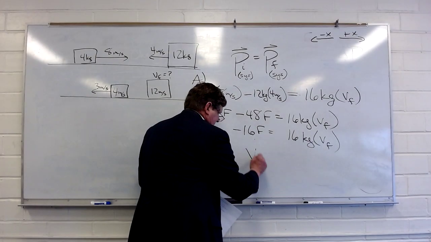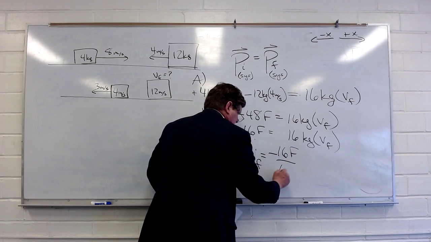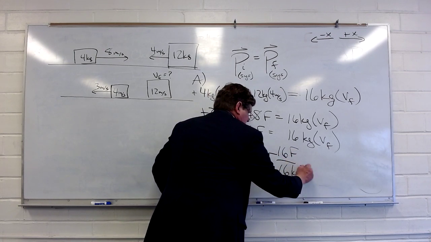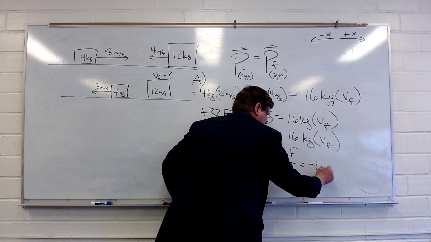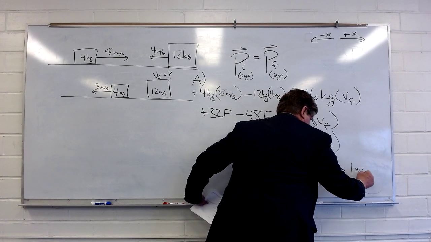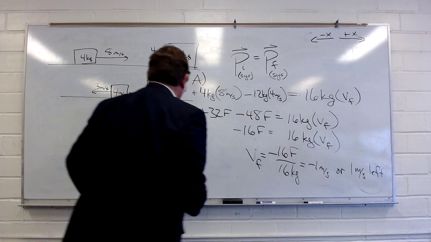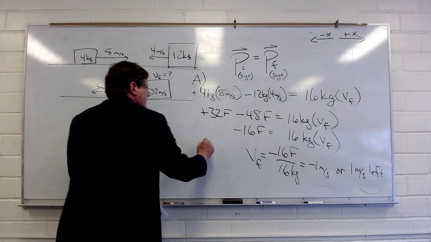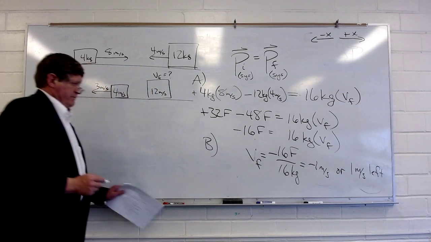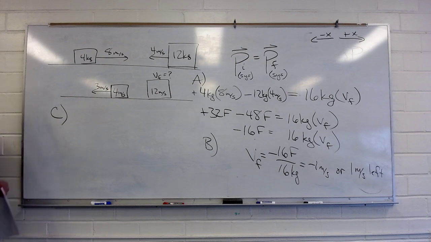I just have V final is going to be negative 16 kg·m/s over 16 kilograms, or negative 1 meter per second, or I could write that as 1 meter per second left. So that's part B.